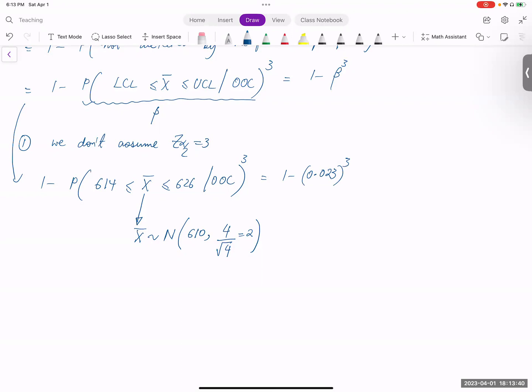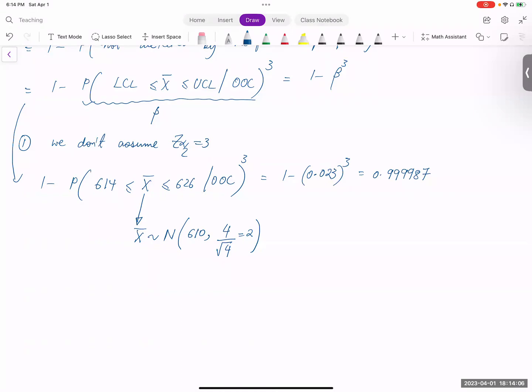This is what you can get from your calculator. So see if you can compute this, and then we just do 1 minus, which gives you something very close to 1, which is 0.99987, something like this.